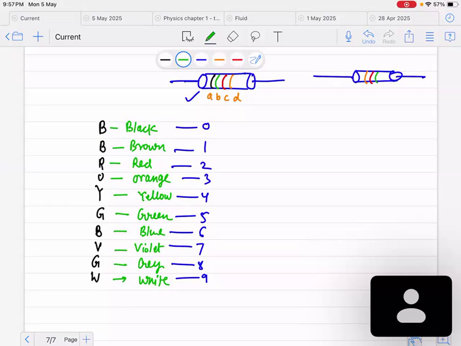What is the resistance? First is orange. Orange is 3, put 3. Second is red. Red is 2, write down 2. Third is green. Green is 5, so you should write it as a multiple of 10: 10 to the power 5.